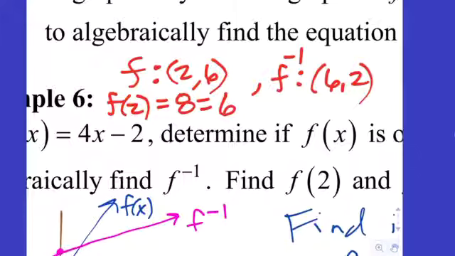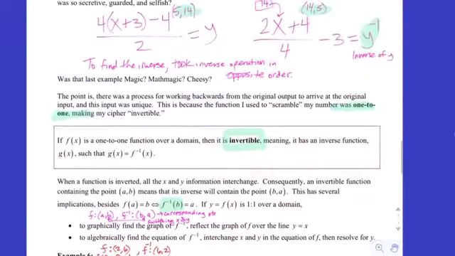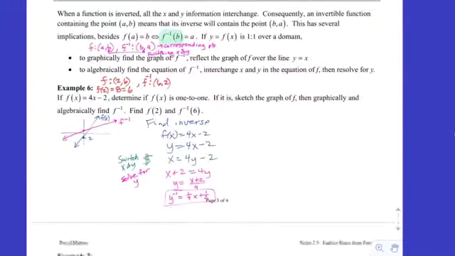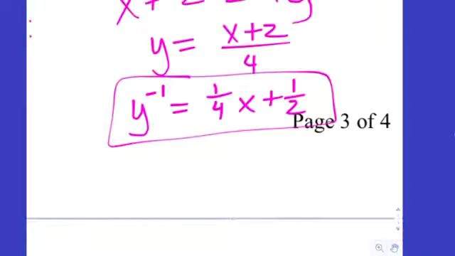What do we call those 2 points? They're not the same point. They are corresponding points. Good. We call these corresponding points. So once we found f inverse, we called it y inverse. Let me change that to f inverse.